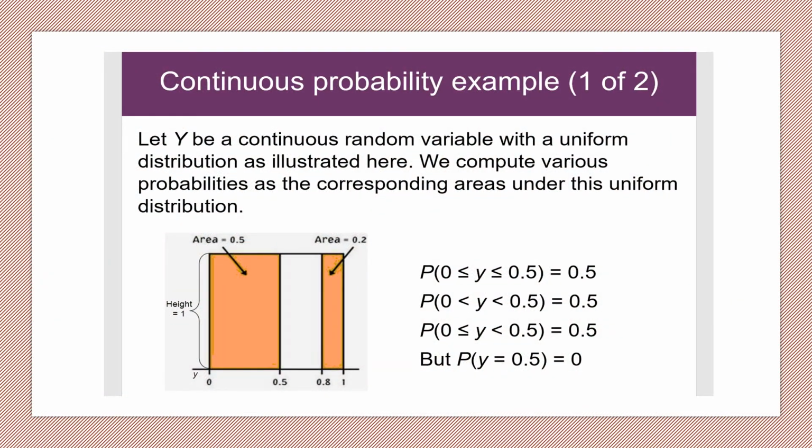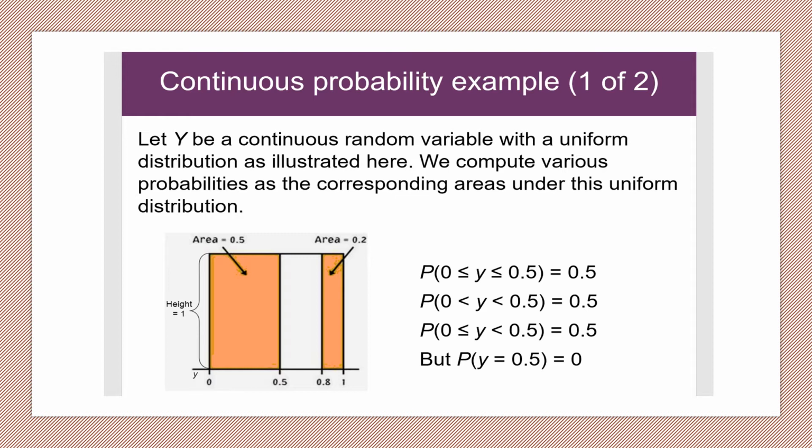A simple example for a continuous probability distribution is shown in this diagram. You have a density curve drawn above a horizontal line where the height of that density curve is 1. And since the length of this is also 1, this becomes a square.